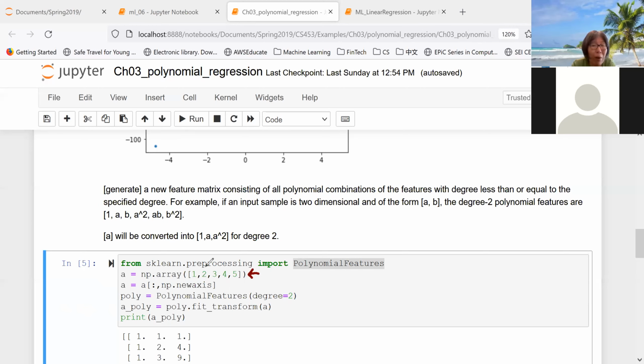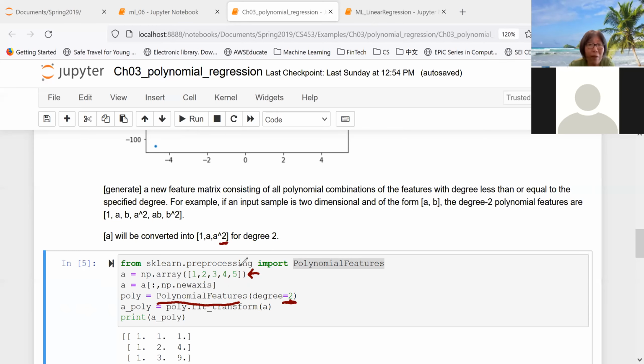Here we have the values 1, 2, 3, 4, 5. If you want to use polynomial models, you need to use PolynomialFeatures to create the object. Then you specify the degree, and in this case the highest order is 2, so we say degree 2.